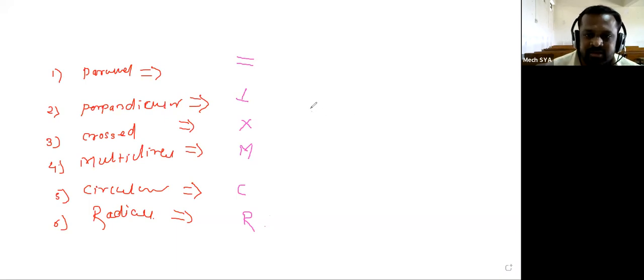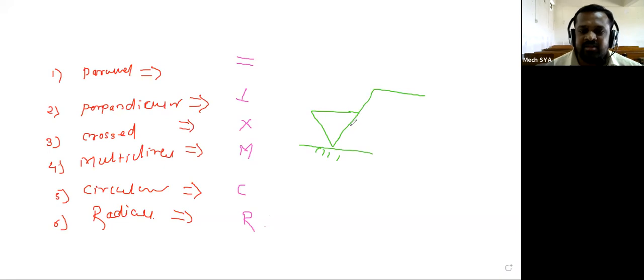Again, I am going to draw it here. We know that in the surface roughness symbol, on this side we show the direction of lay. If such a symbol is there, how can we understand what it indicates?